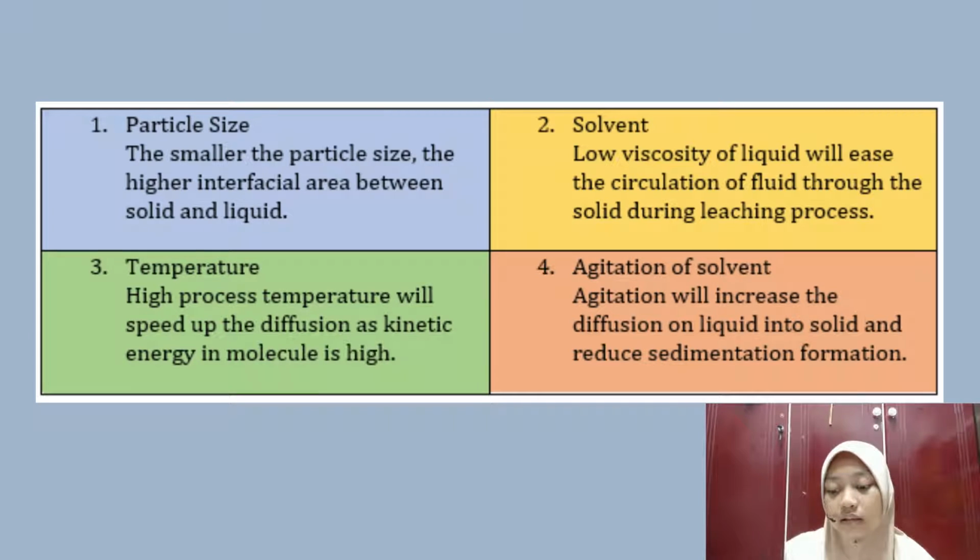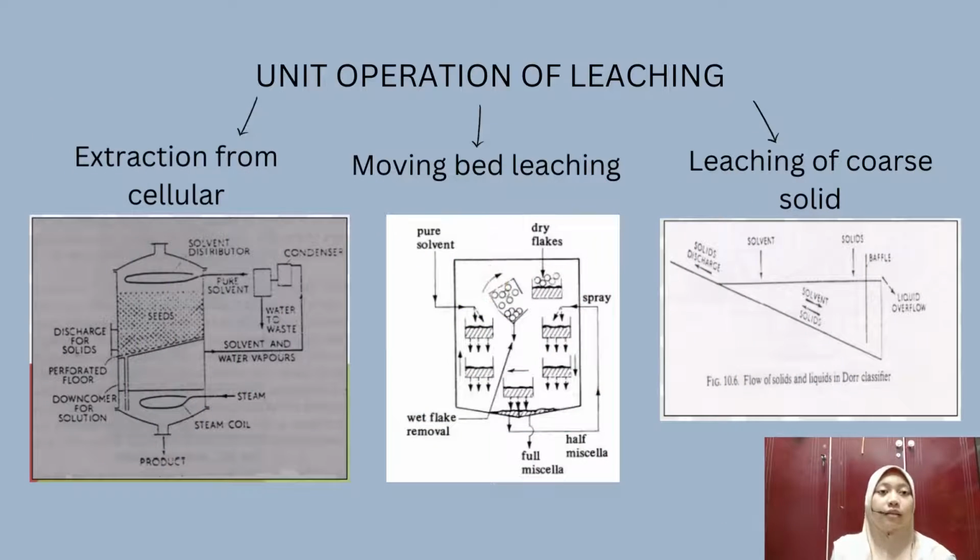We need to increase the diffusion and the rate of transfer of material from the surface of the particles to the bulk of the solution in order to prevent sedimentation during the leaching process. The equipment involved in the leaching process is extraction from cellular material, secondly moving bed leaching, and lastly leaching of coarse solid.